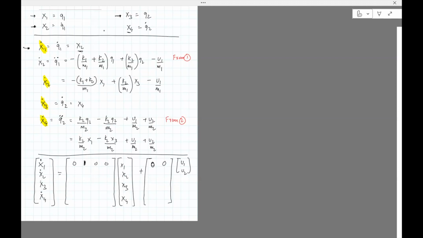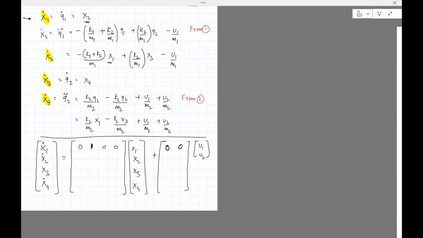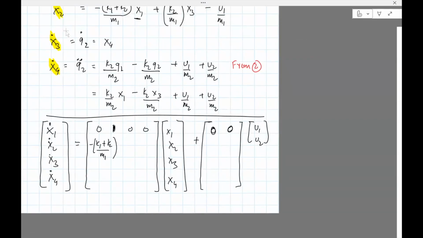Next is the equation for x2 dot. For that, the coefficient in front of x1 is all this thing, k1 plus k2. So let's write that in front of x1: minus k1 plus k2 divided by m1. Let's make some space here.